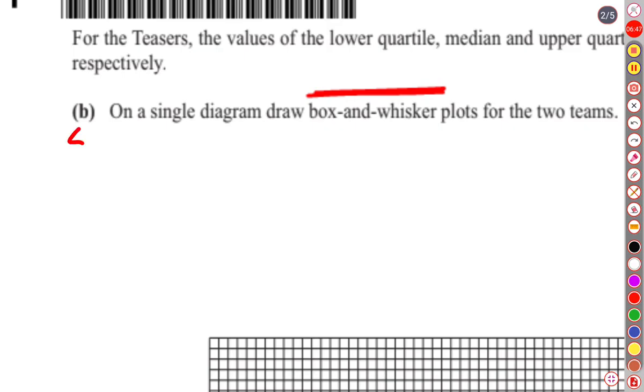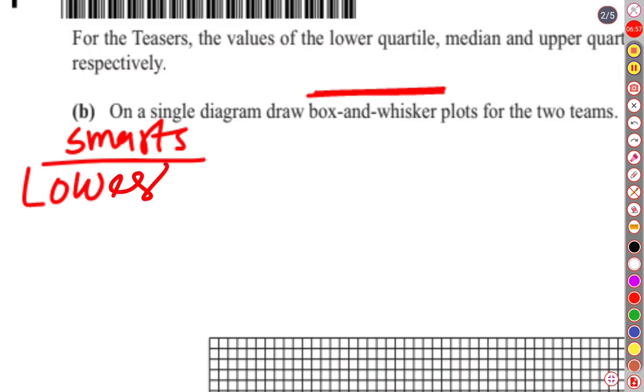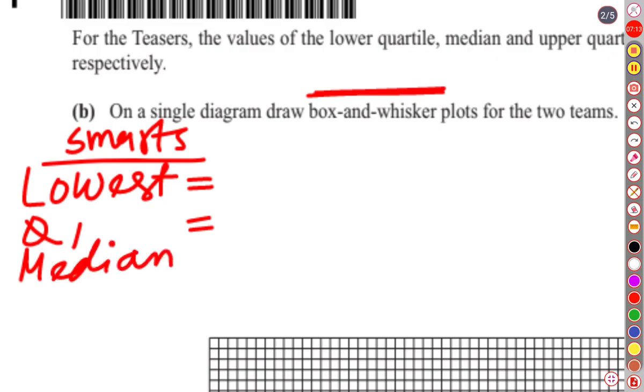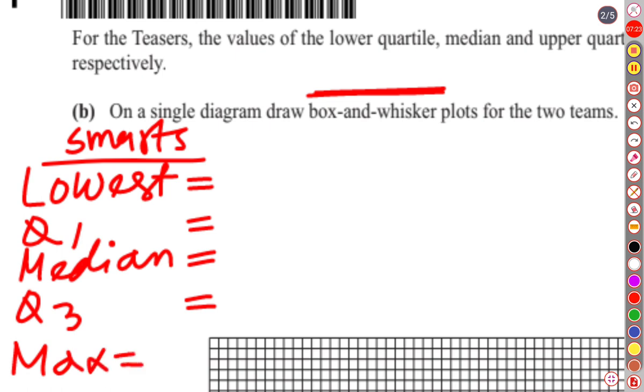For smarts, the 5 pieces of information are: number one is the lowest value, lowest or least, whatever you call it. Then lower quartile, quartile 1. Then median or quartile 2, whatever you call it, median. After that, upper quartile, quartile 3. Then maximum. So in total there should be 5 pieces of information.